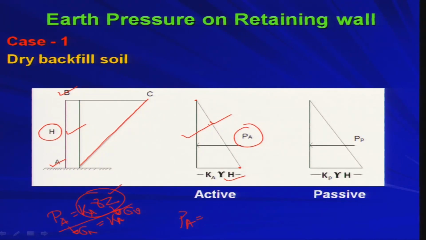The area of this triangle gives you the total active thrust on the wall, and that is half into K a gamma H into H, so half K a gamma H square. That is your P a. I show the pressure with small p a, and capital P a is the total thrust.